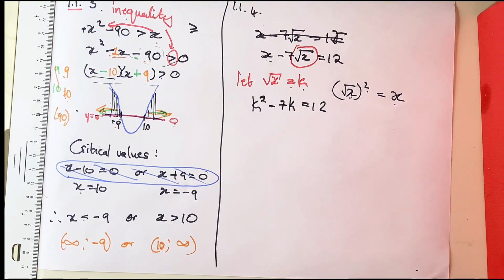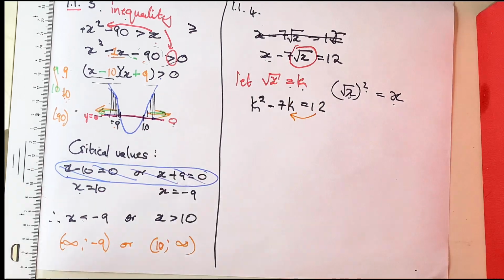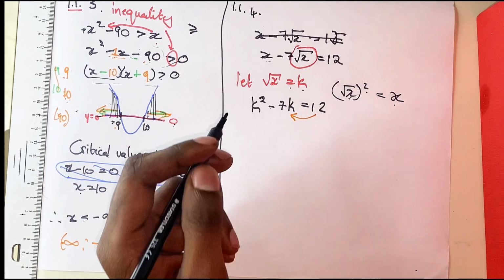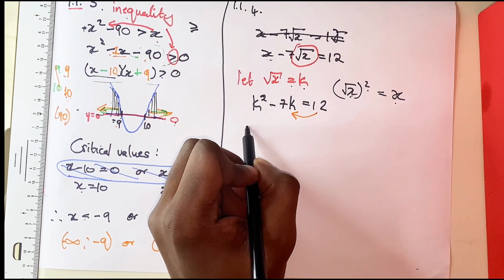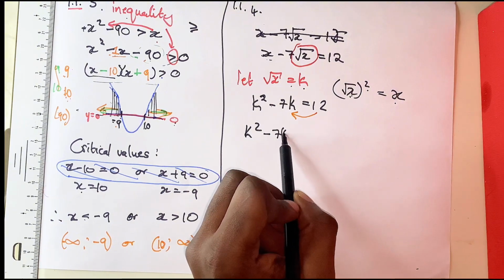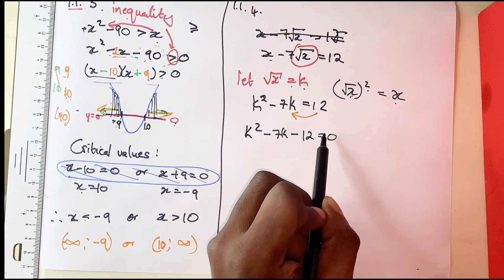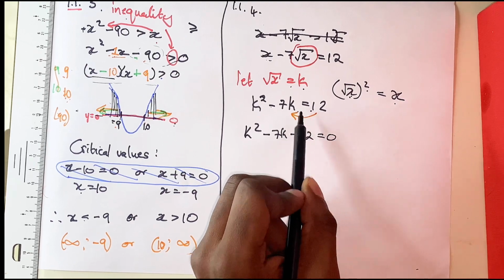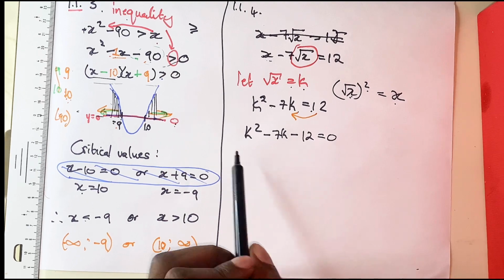Remember that we always want to transpose and have one side as equal to 0. So we are going to move the 12. Then once we move the 12, we will have k squared minus 7k minus 12. The positive 12 will come this side and become a negative 12.